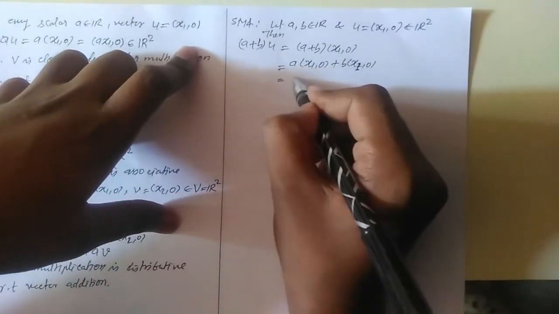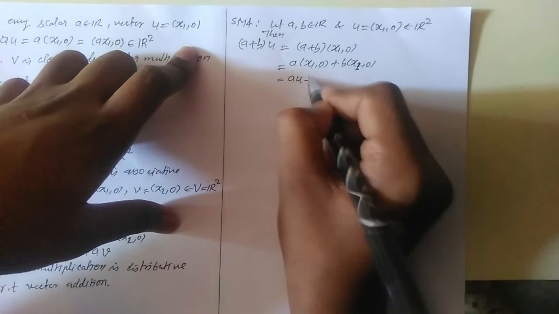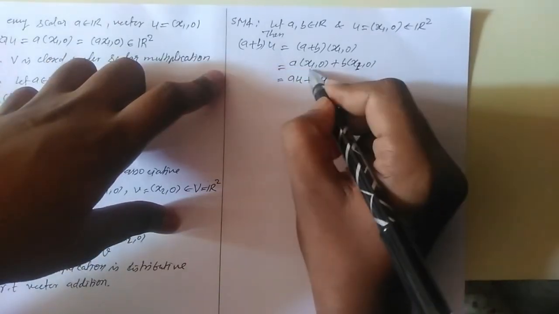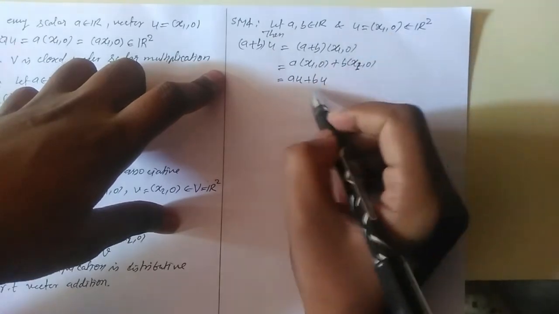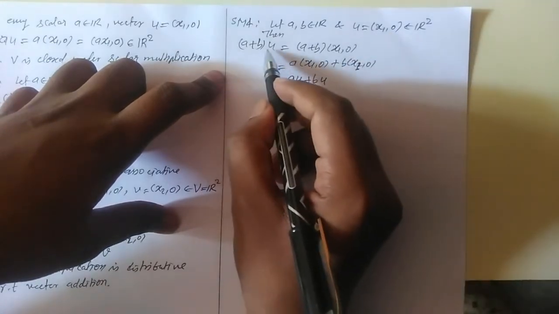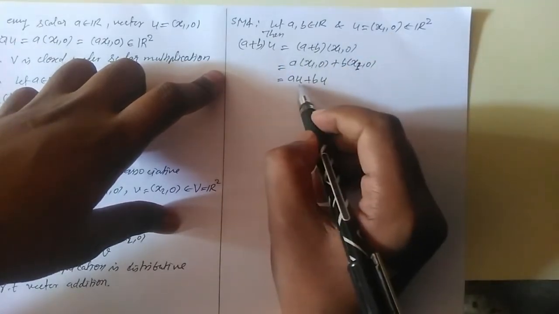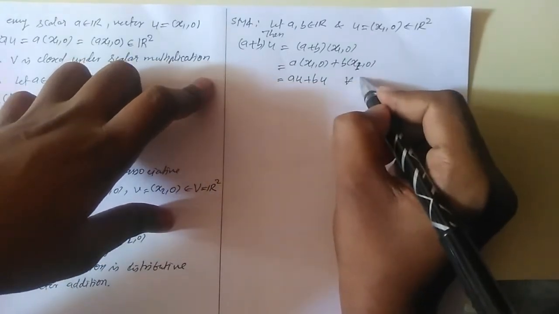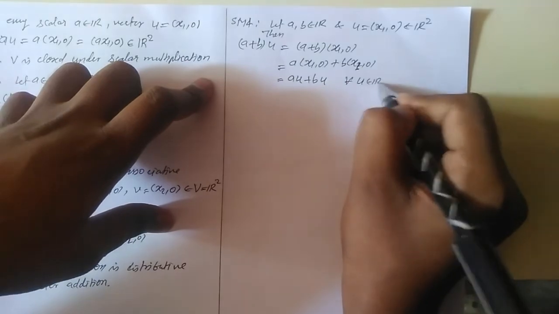This can be written as au + bu. So (a + b)u = au + bu for all u belonging to R2.